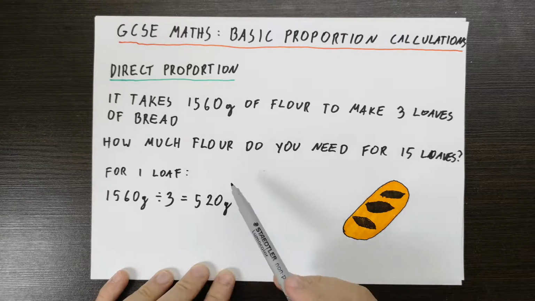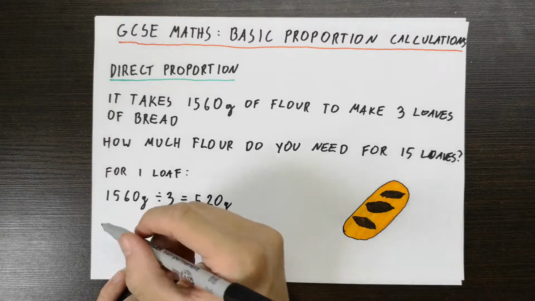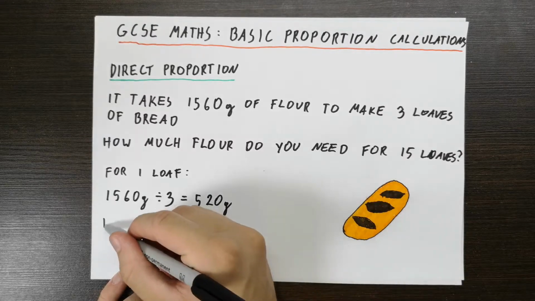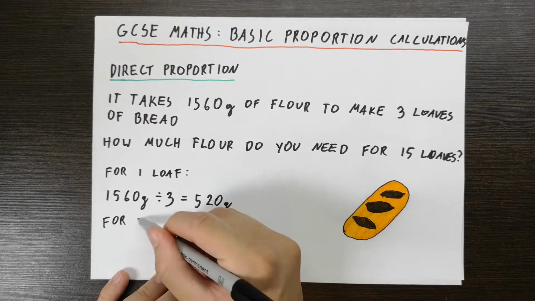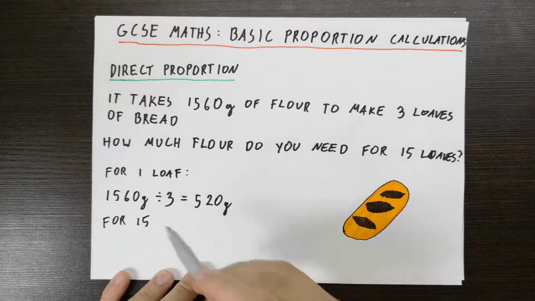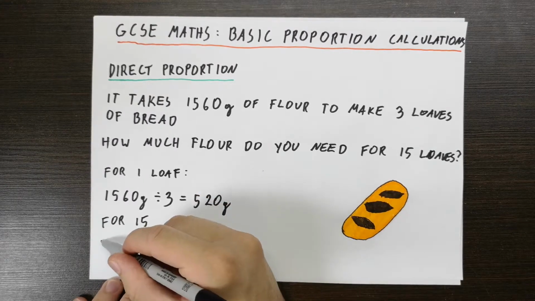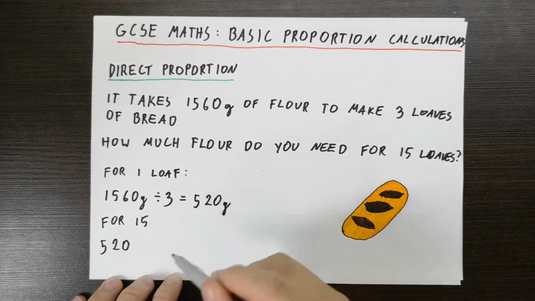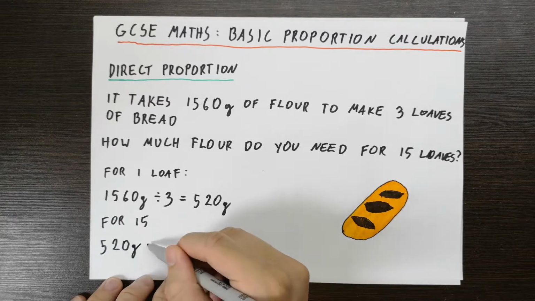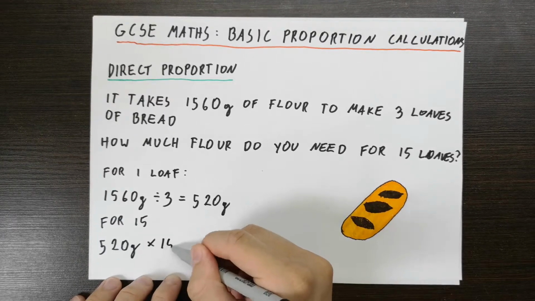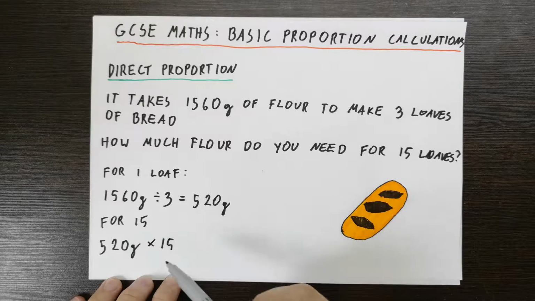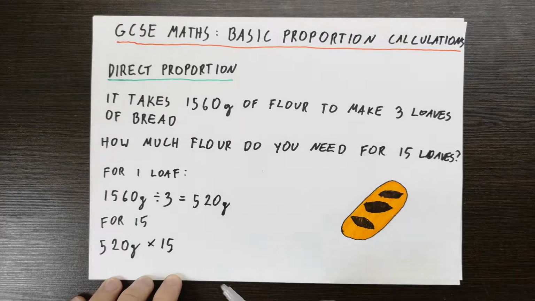Now, how much flour do you need for 15 loaves? So we just multiply this. For 15, we just do 520 grams multiplied by 15, because that's the grams per loaf, and we multiply it by 15 loaves of bread.